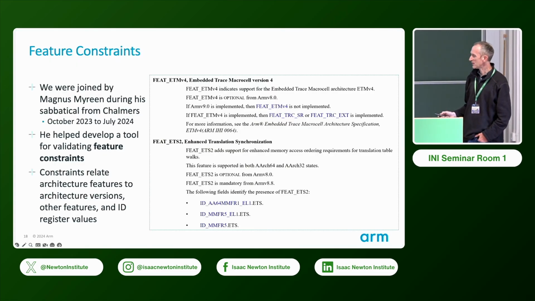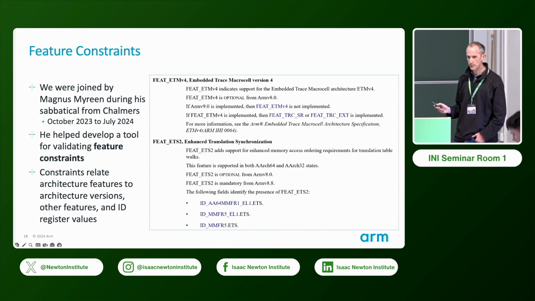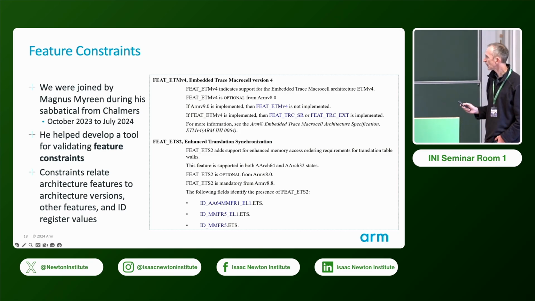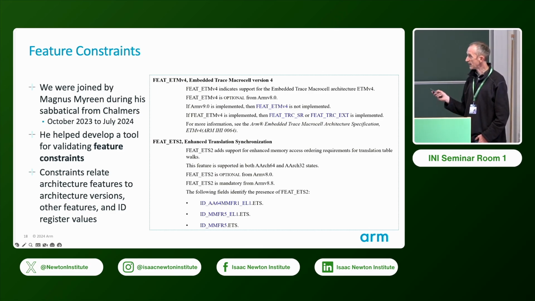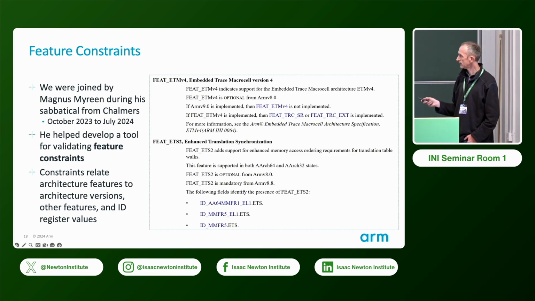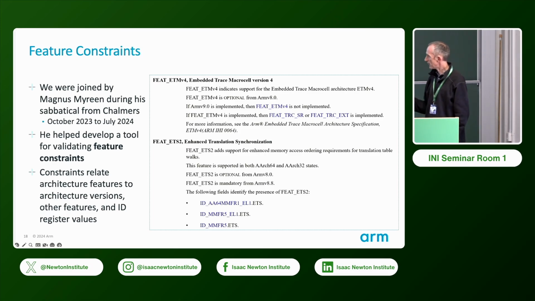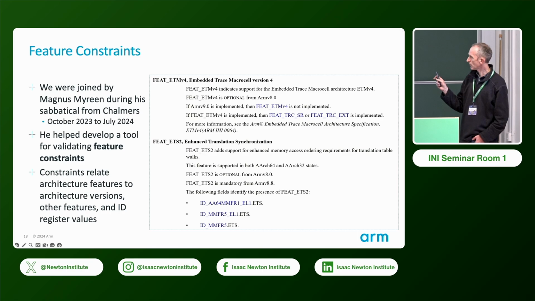Features and traits. What are features? Features are optional bits of the architecture. And we were joined by Magnus on his sabbatical for one year, and he worked on a validator for some of this data, which is used to generate the documentation.